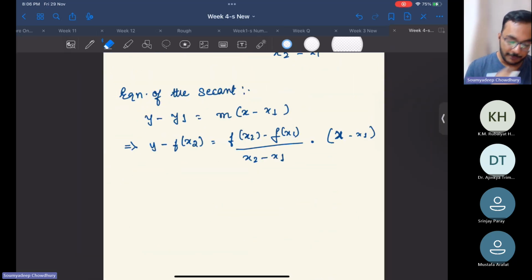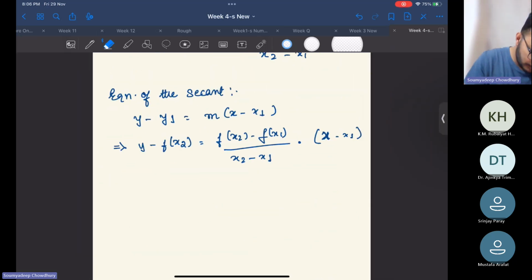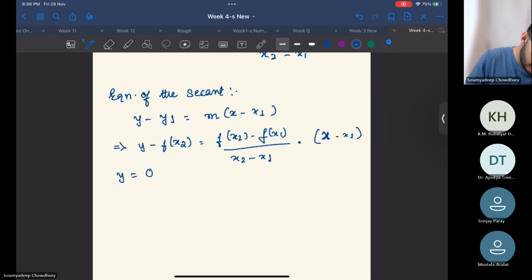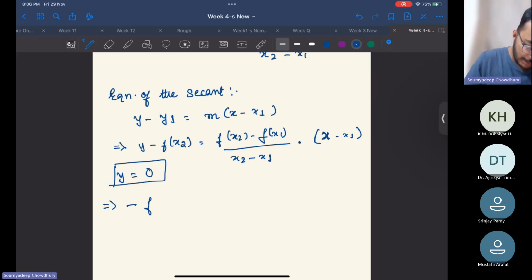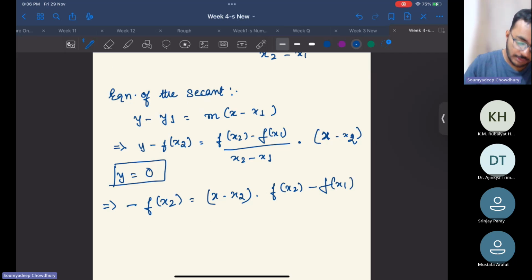So in this equation, if we substitute y equals 0, what will we get? It is minus f of x2 equals, sorry, this is x minus x2, into f of x2 minus f of x1 by x2 minus x1.